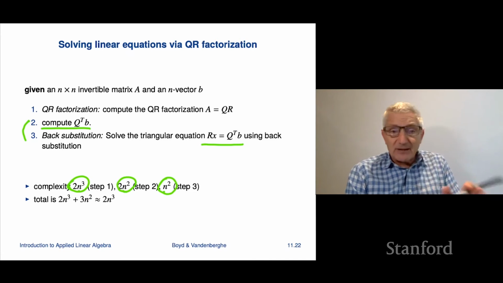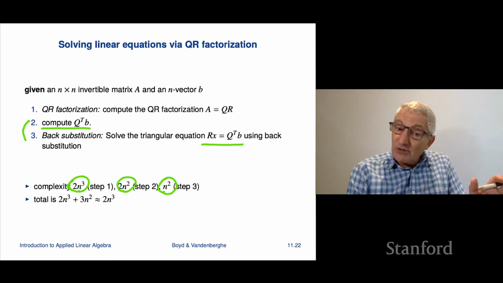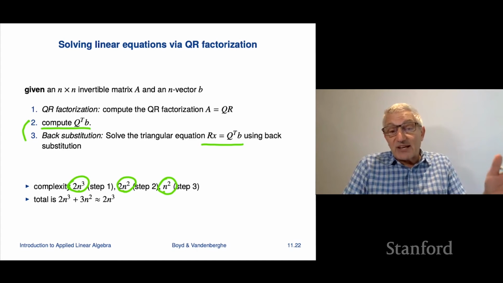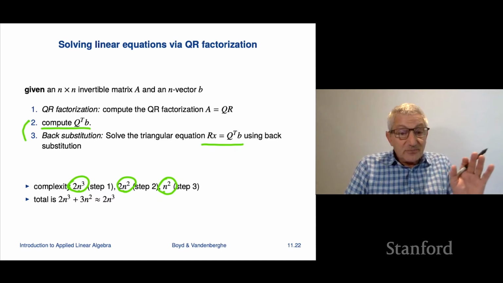Okay, so by the way, at this point, the Gram-Schmidt algorithm should be looking a lot more interesting. Earlier in the course, Gram-Schmidt was nothing but a numerical algorithm that tells you whether a set of vectors is linearly independent. Now, we see it can be used to solve systems of linear equations.